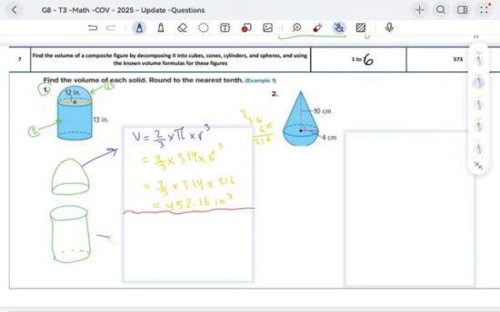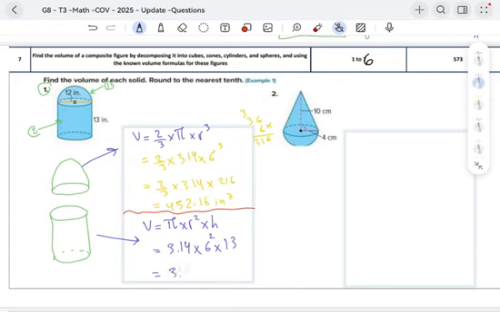We're gonna find the volume for a cylinder. The volume is pi times the radius squared times the height. Pi is 3.14 and the radius is 6 squared and the height is 13.